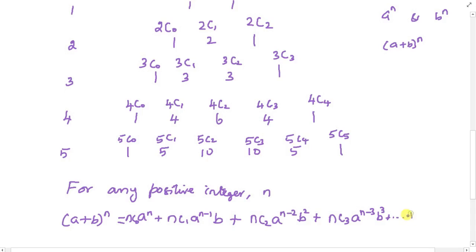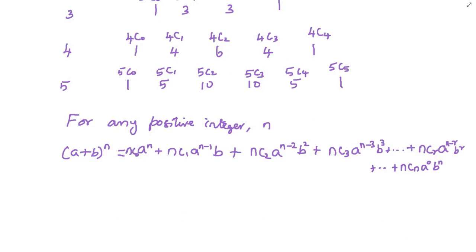Any term in between, say the (r + 1)th term, nCr, a power n minus r b power r, plus etc. Last term nCn, a power 0 b power n, and a power 0 is 1.